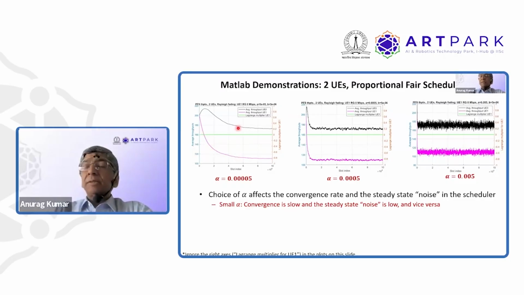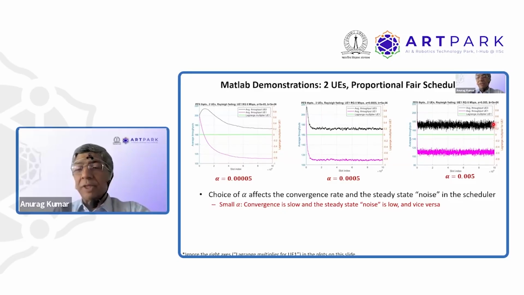Okay. The algorithm, whether you use alpha equal to 0.00005, a window of 20,000, whether you use an alpha of 0.0005, which is a window of 2,000, whether you use an alpha of 0.005, which is a window of 200, converges to the right answer, 170, 110, 170, 110.